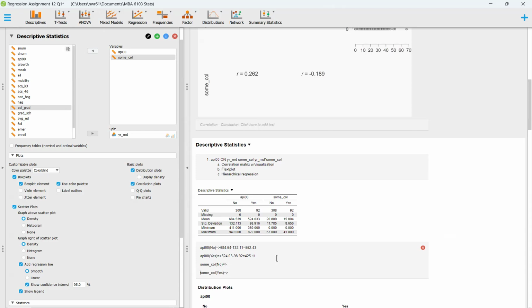This is 20.89 minus 11.76, and this one is 15.80 minus 8.7. 20.89 minus 11.76, that's 9.13. And then 15.80 minus 8.70 equals 7.1.